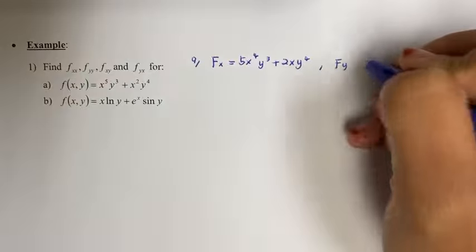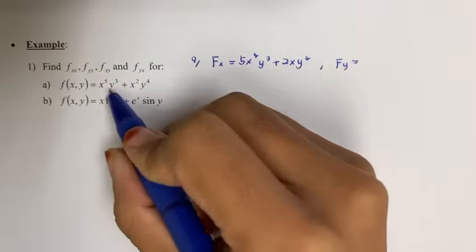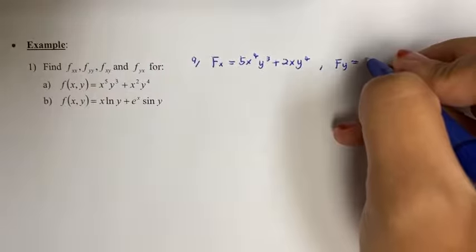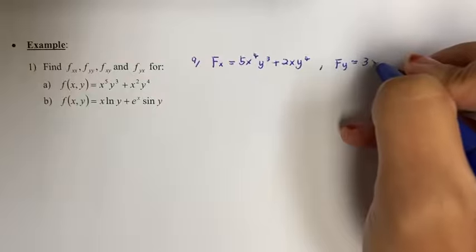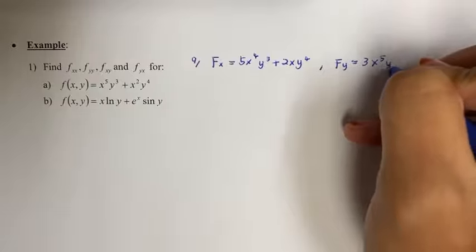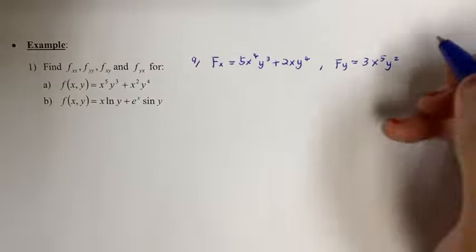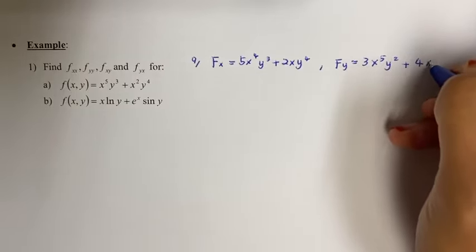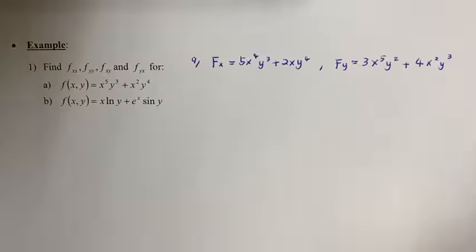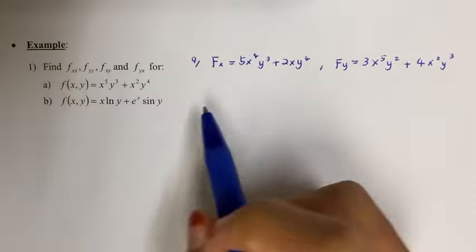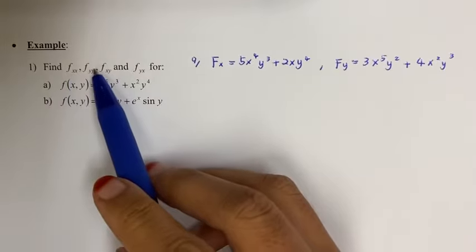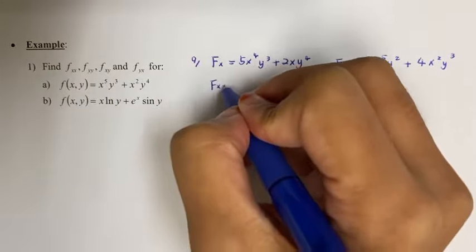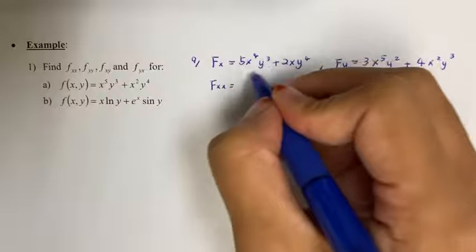Next, for f_y, assume x is constant. So we have 3x to the power of 5, y squared, plus 4x squared y cubed for f_y. Then we can proceed with f_xx, f_yy, f_xy, and f_yx. So continue with f_xx. We again differentiate with respect to x.